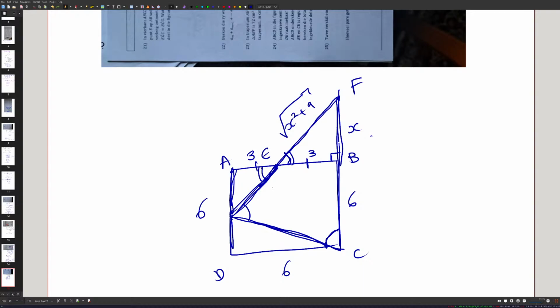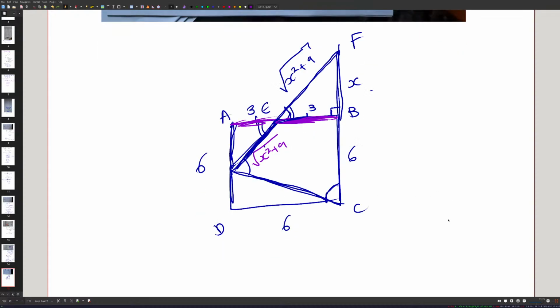And let's call this y. Then, oh, these triangles are congruent, because this corresponding side over here, this 3, is equal to this 3. They have all the angles equal and one corresponding side equal, so they're congruent. So actually this length is also the square root of x squared plus 9.